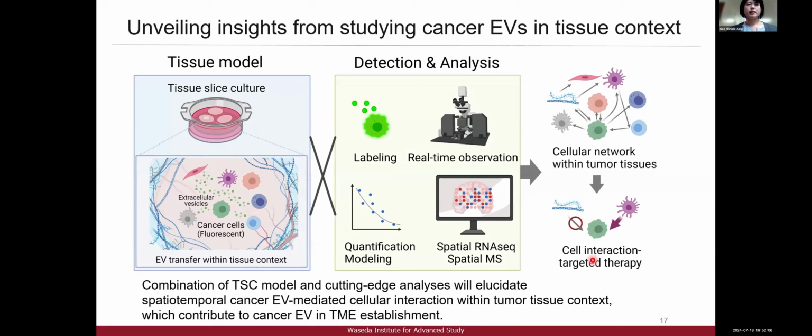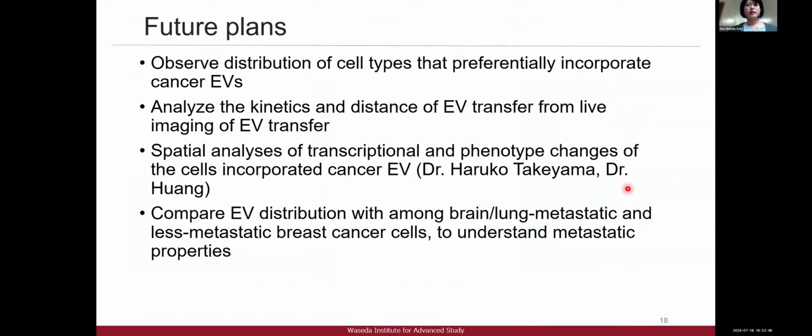By combining this cutting-edge analysis, I'll be able to observe EV transfer directly in real time and identify the target cells and spatial distribution of the EVs, and eventually understand the communication networks between cancer cells and other cells within the tumor tissues. This kind of experiment eventually leads to developing novel therapies targeting these cellular interactions.